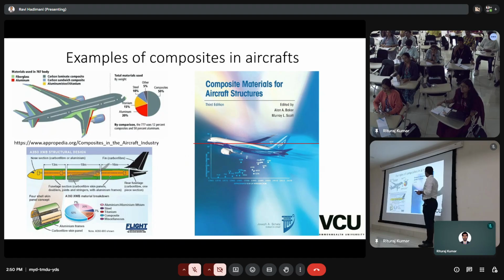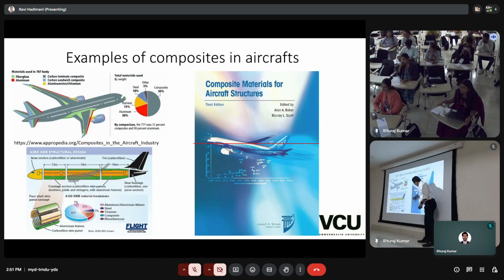This is a book on composite materials for aircraft structures, and the cover of the book has a graph, which is unusual. So you can see here, this is the year of introduction, 1965 all the way to 2020.